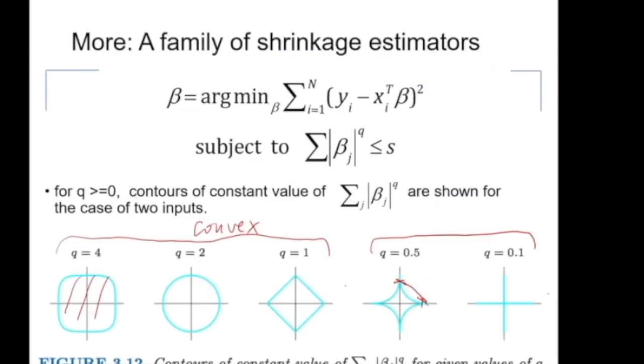You actually can have all the variations like we showed before: Q equal to 4, Q equal to 0.5, Q equal to 0.1. Again, this is the contour map of the norm function. Whatever is in those blue regions shares the same Q norm, which in this case is the 0.1 norm.